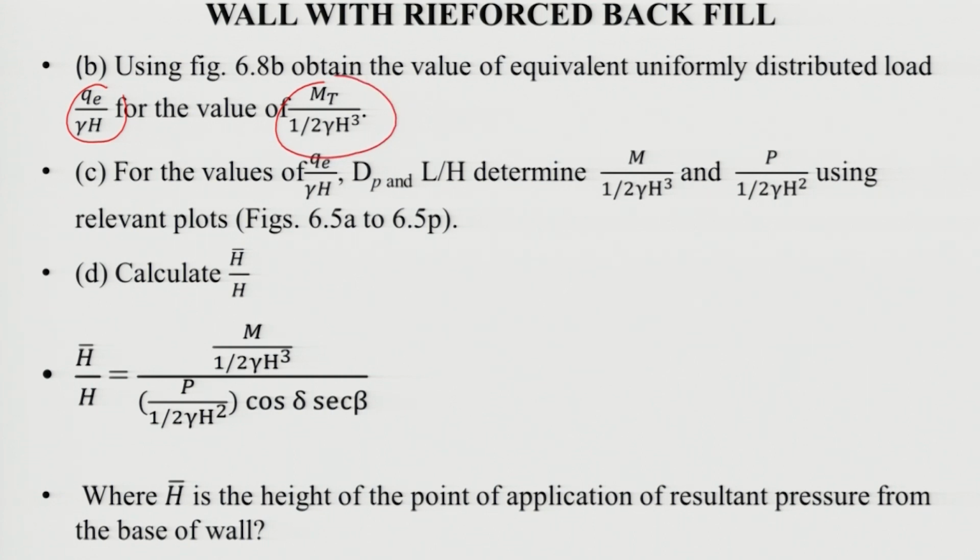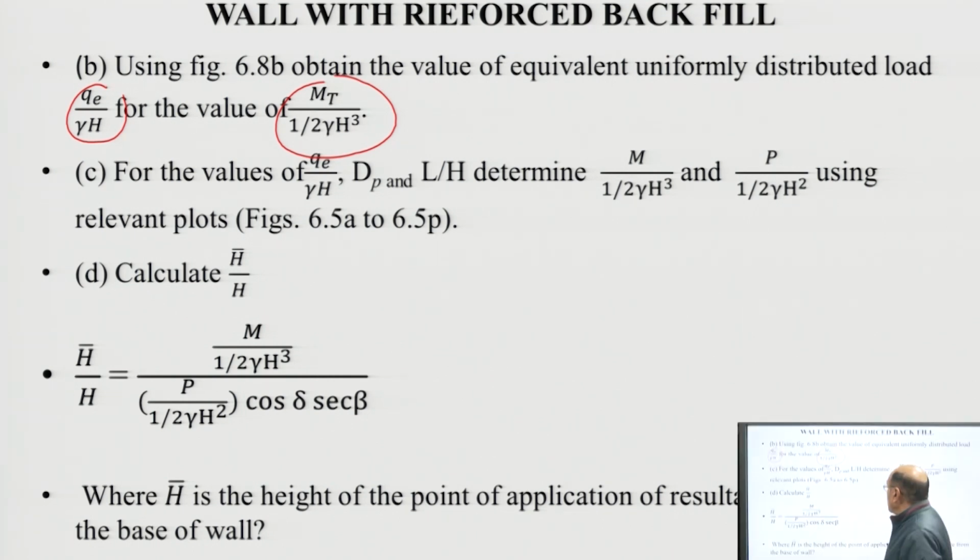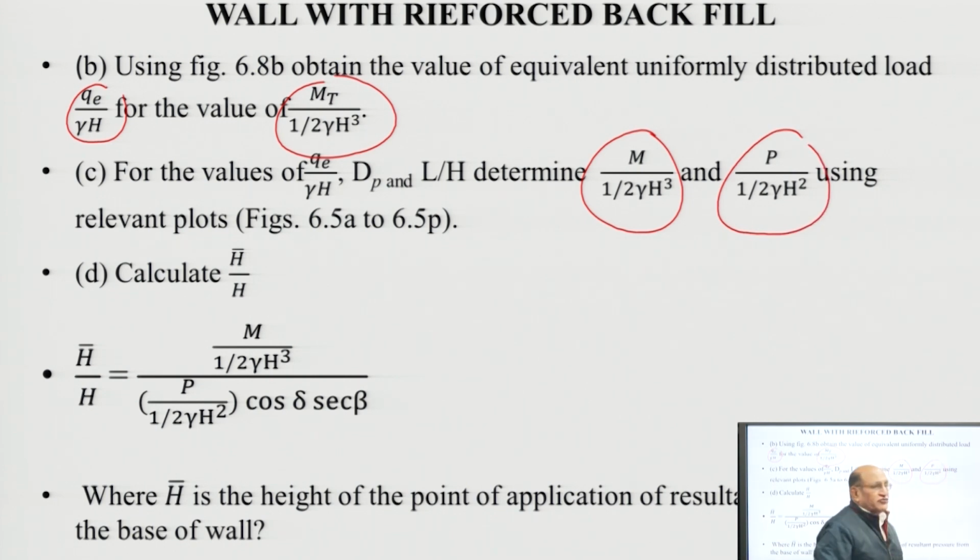The next will be C for the value of QE by gamma H, gamma dP and L by H. Now, determine M by half gamma HQ and P by half gamma H square using the relevant plot.